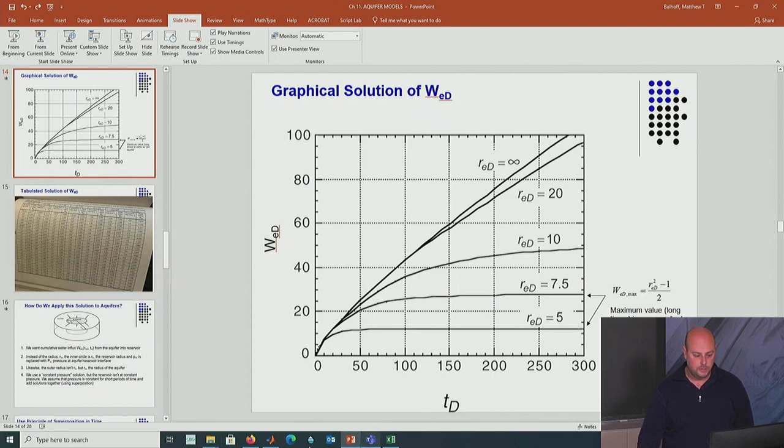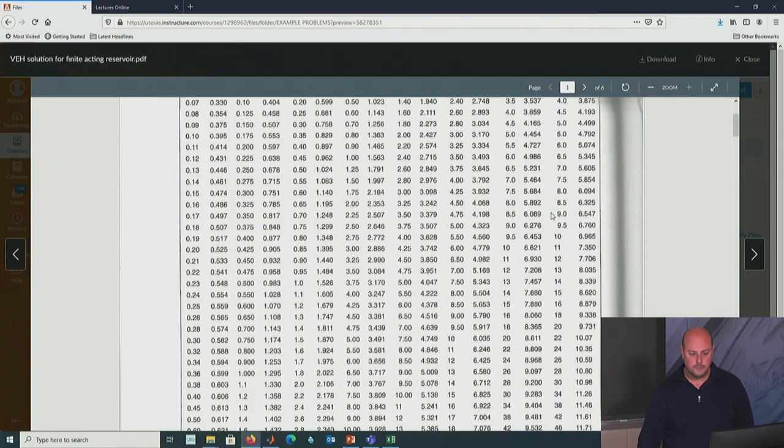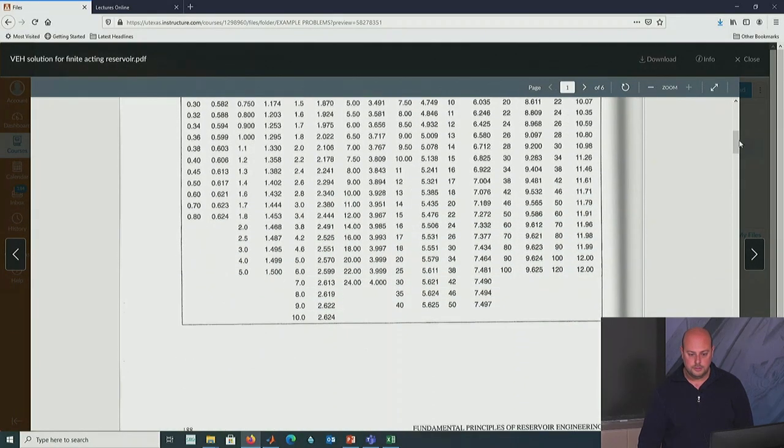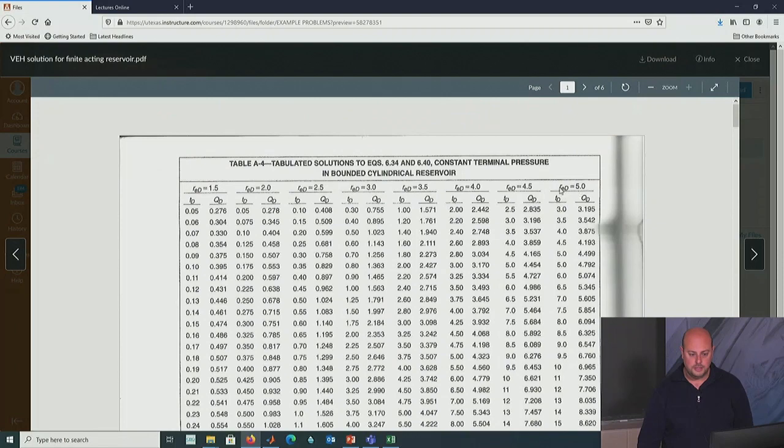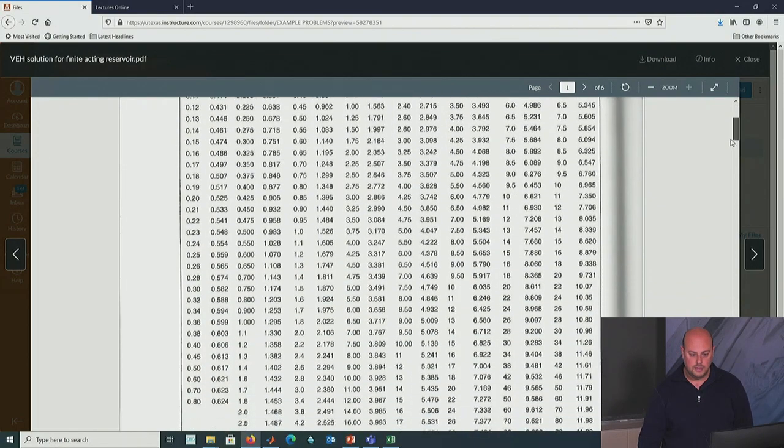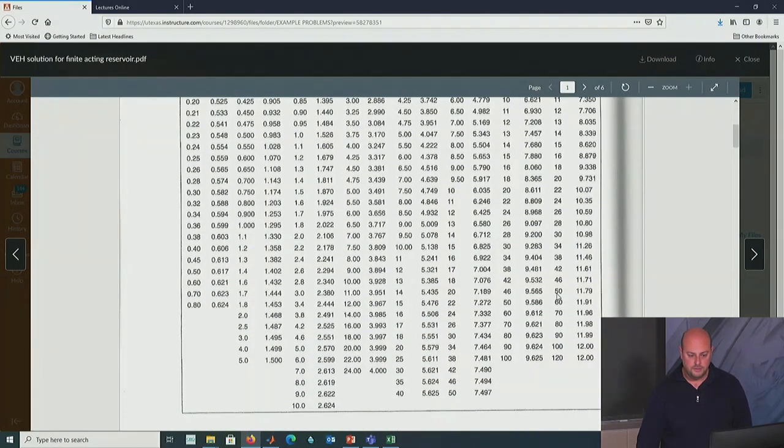So WED would be 12. If I go over here, this was RED equal to 5, and I come down, and once you get to about 50 or so, it's starting to level off at about 12. Once it gets to 100, it is 12, and they don't even go beyond 120 because it doesn't change after that. You are now effectively a small pot aquifer.